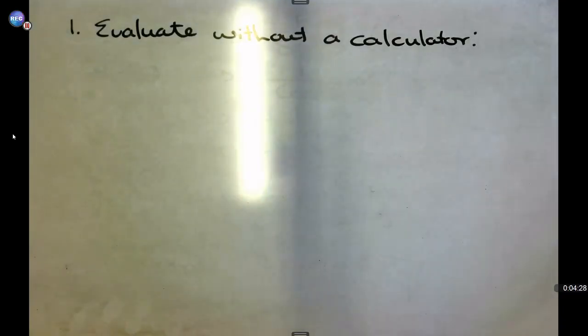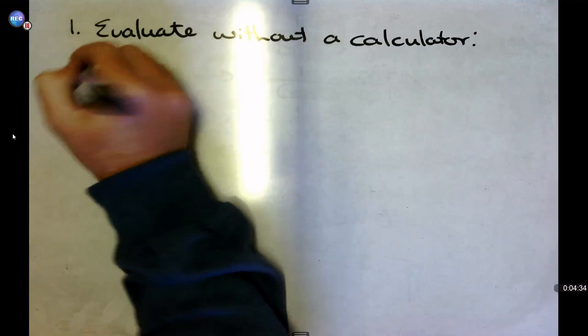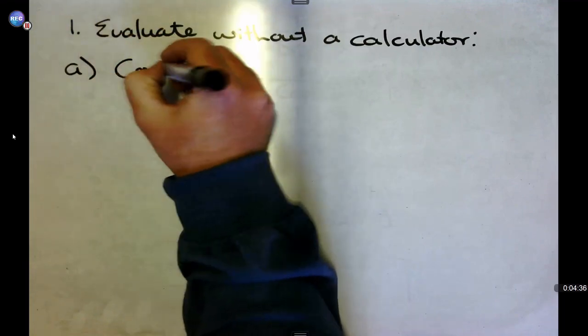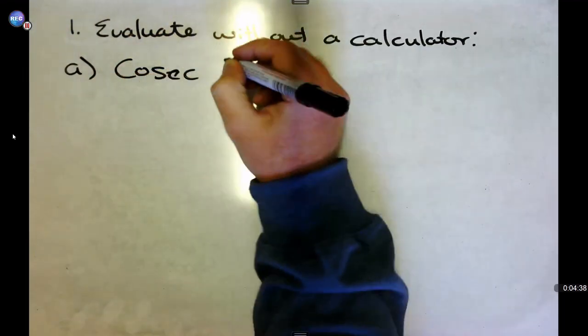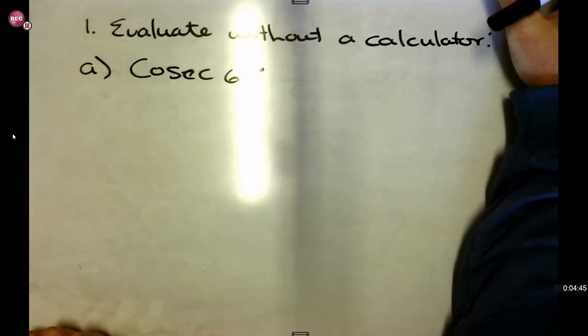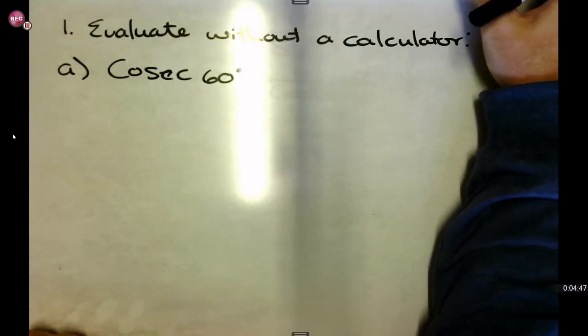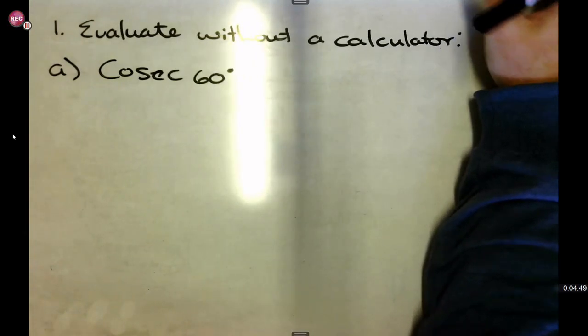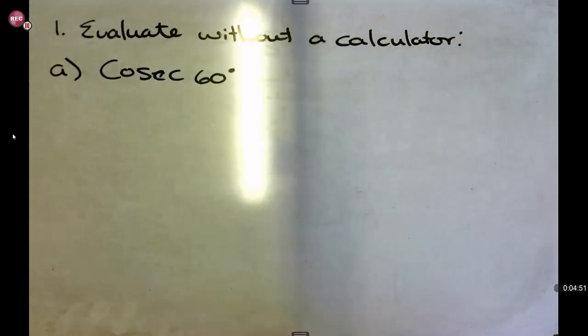So if they tell you evaluate without a calculator, and they give you this question, for instance, cosec 60 degrees, and they ask you to evaluate it.